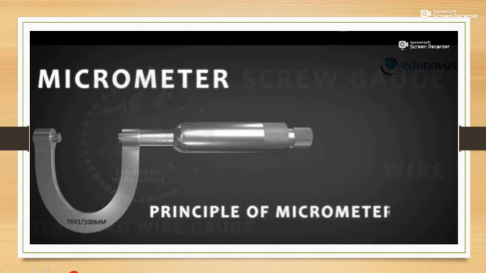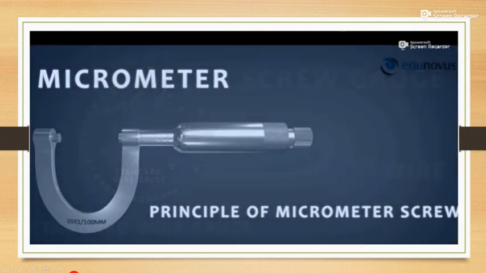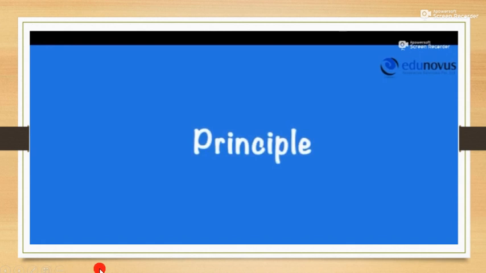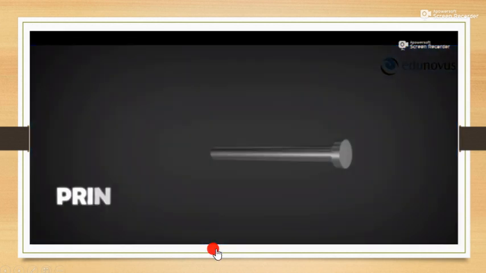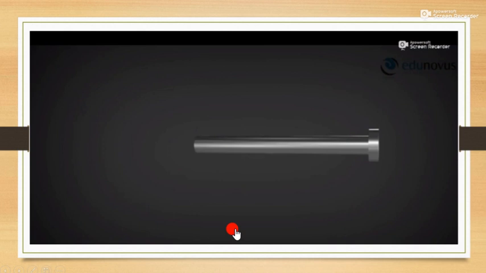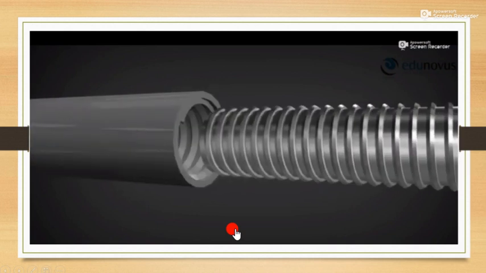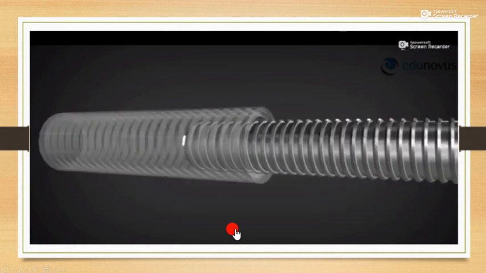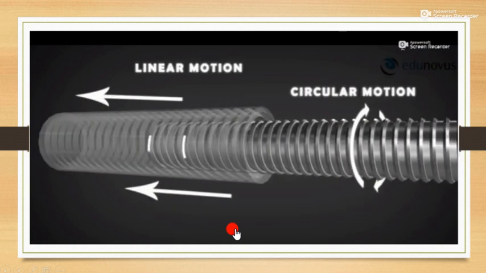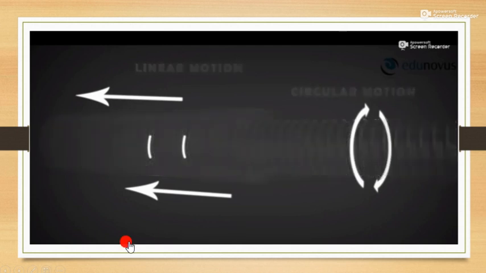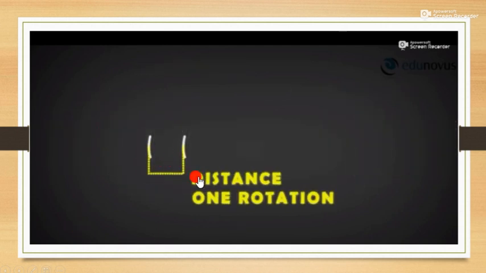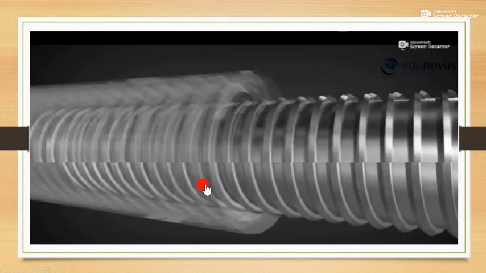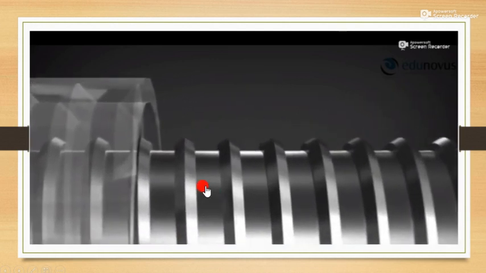Now, the principle of the micrometer screw gauge. Let's start. This is a circular scale. This is the main scale, and the circular scale rotates around the cylinder with linear motion. Linear motion means straight motion. The distance of one rotation, and each part of the circular scale, is constant.